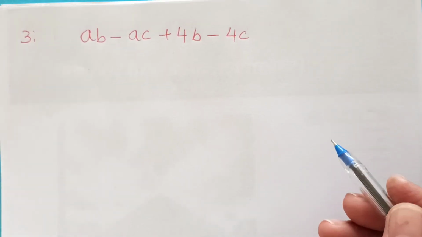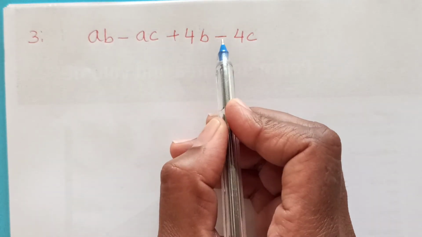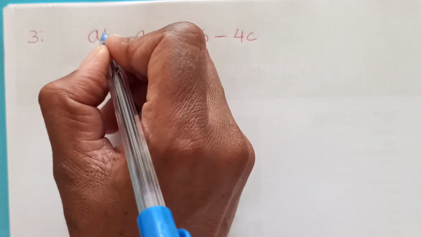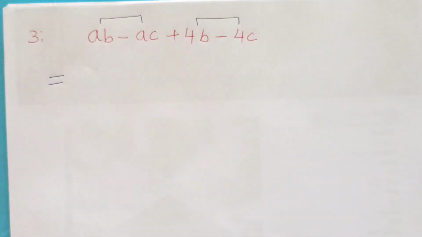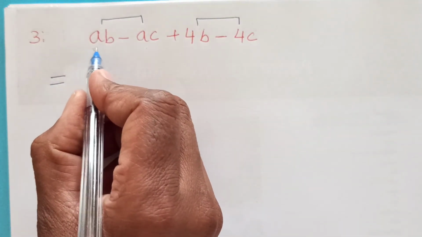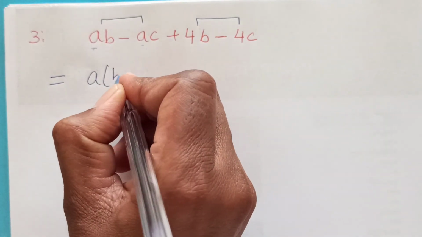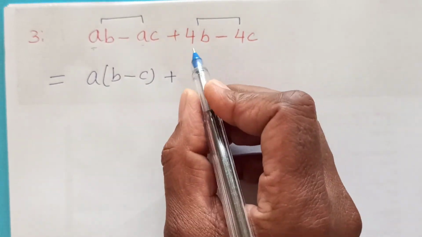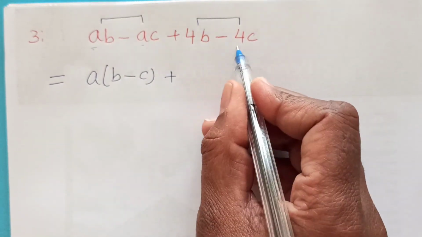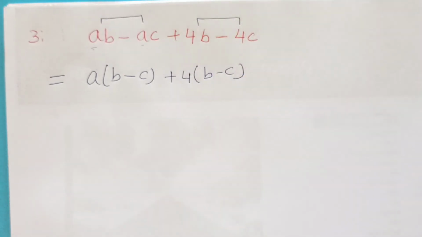Let's do another example. ab minus ac plus 4b minus 4c. So group 1, then group 2. If we look at the first group, we have a in common here. A is outside, inside the bracket we will have b minus c. Then in the second group you have 4 and 4, 4 in both, 4 is out, b minus c.